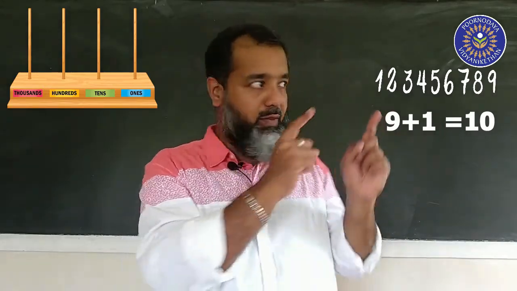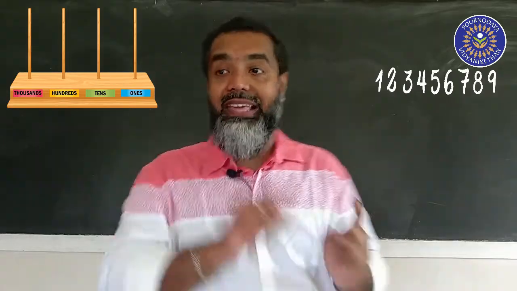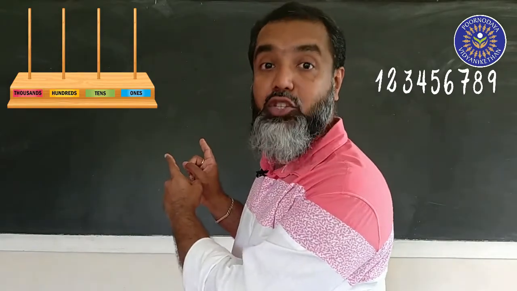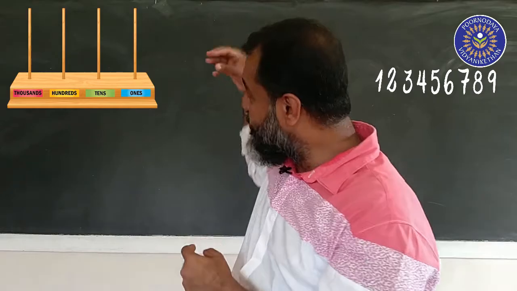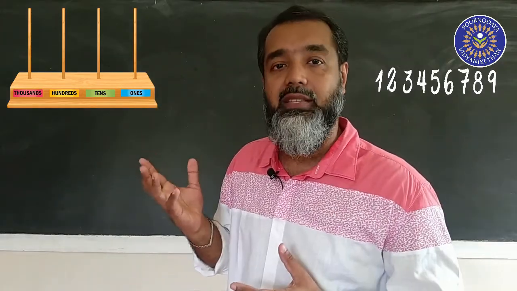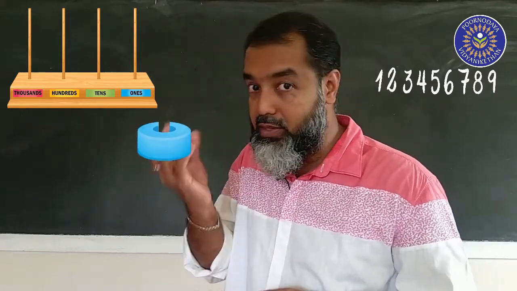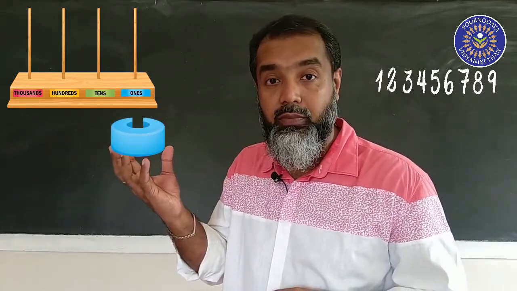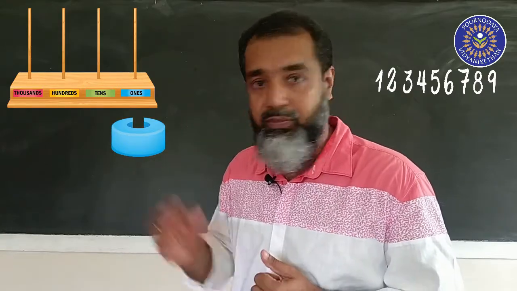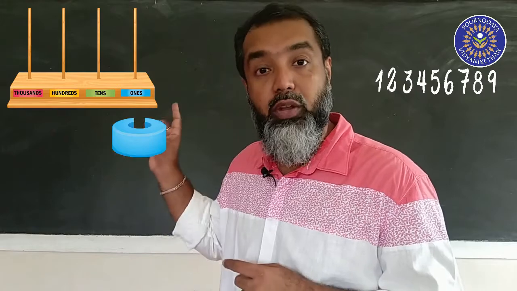Before going to that, we need to use this 1 to 9 in the abacus actually. So we are trying to put some rings. Just imagine this is a small ring. This we are going to put there.